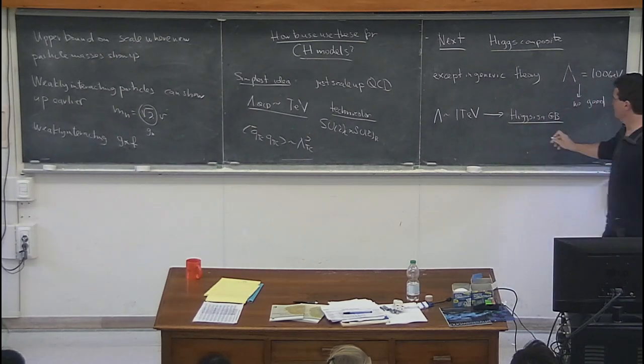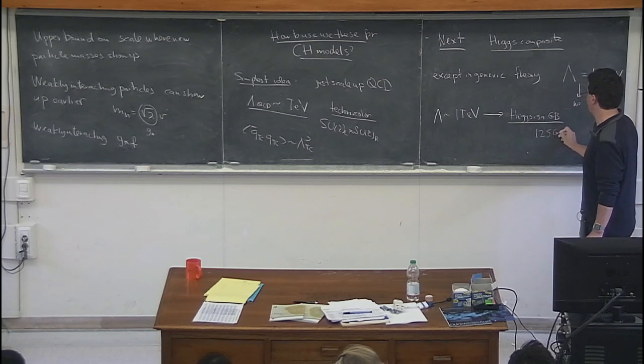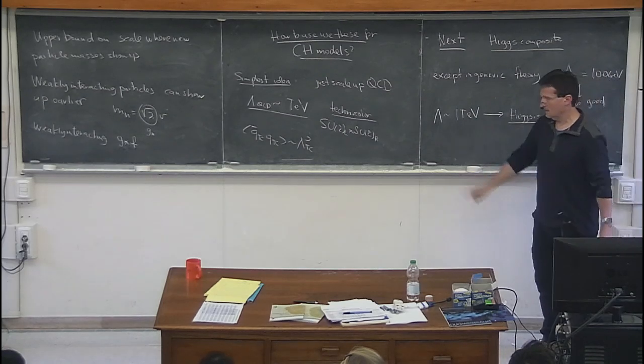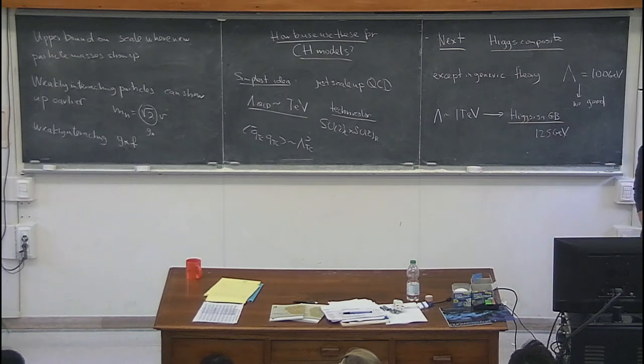Okay, so now the Higgs is 125 GeV, but leaving the scale of compositeness at 1 TeV is still very problematic.